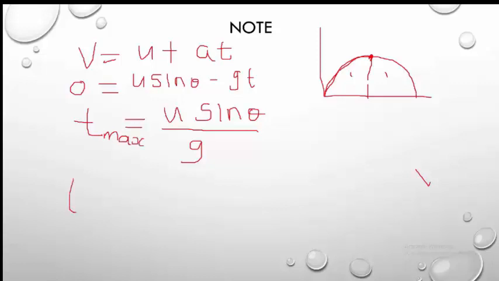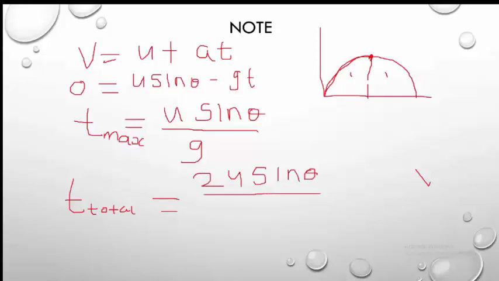Then the total time. If I multiply the above by 2, that will be 2u sin theta over g, which will give me the total time.